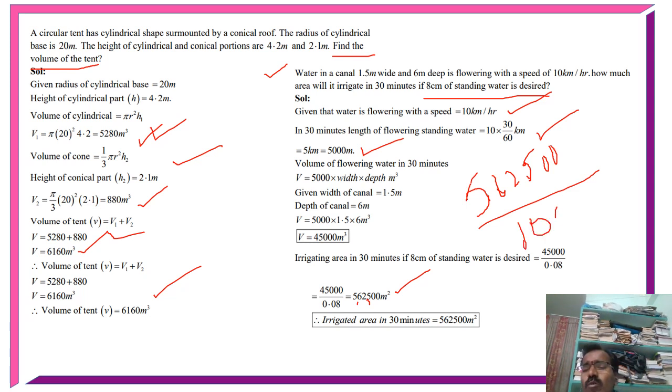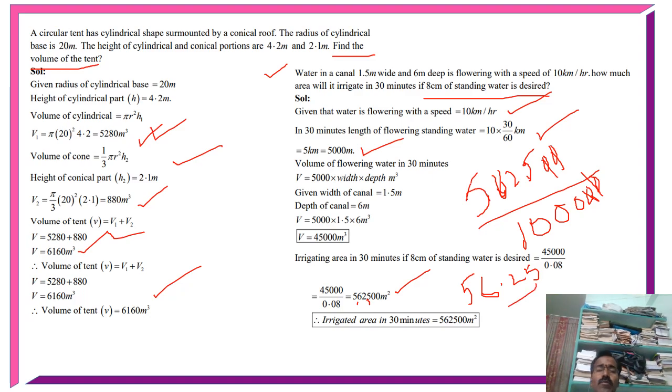From meter square to hectares, whatever is possible, cancel it, then we get the value, students. So 5 lakhs 62,500, the zeros cancel, then we have 56.25 hectares. 56.25 hectares is the answer, it is in hectares.